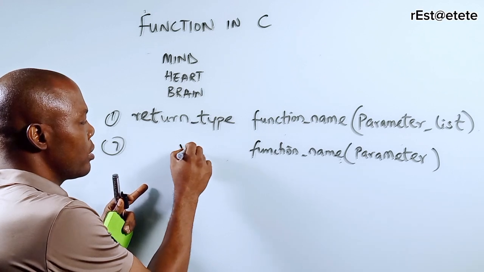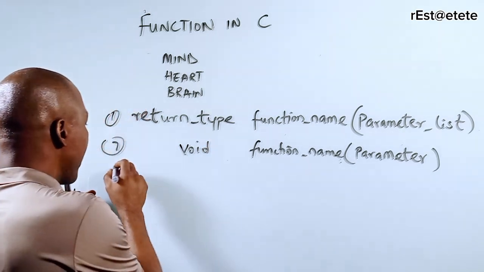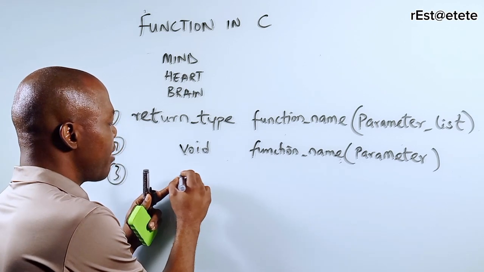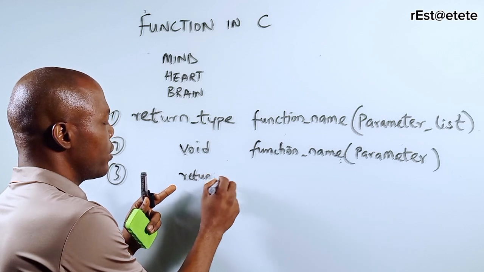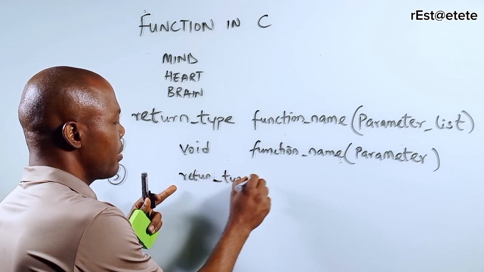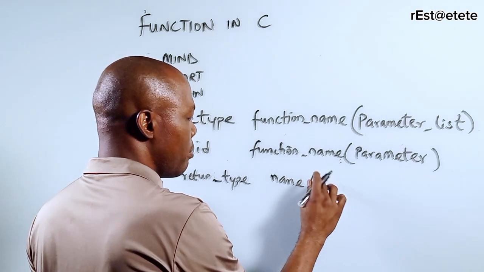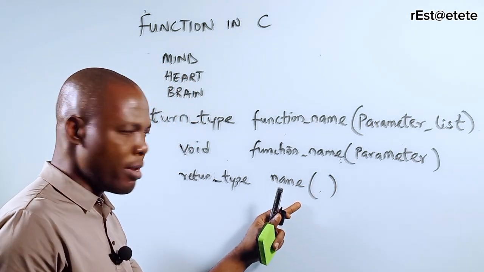So this place will be known as what? Void. So that is another type. Then we have the third one. We can have a function that will have return type, then name, but no parameter. You can have a function like this, like the main function.